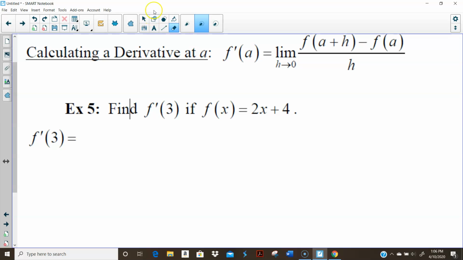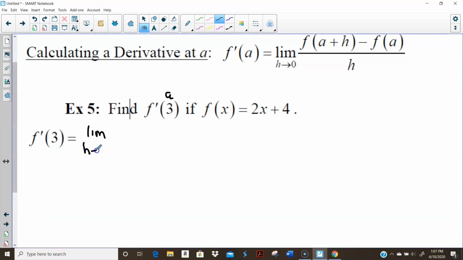So in example 5, we're going to find f prime of 3 if f of x equals 2x plus 4. We're going to use this same limit formula again, and we're going to find f prime of 3. So that means that in f prime of a, the a is 3. You can do this problem just like you did the one above, or you can plug in the 3 as you go.